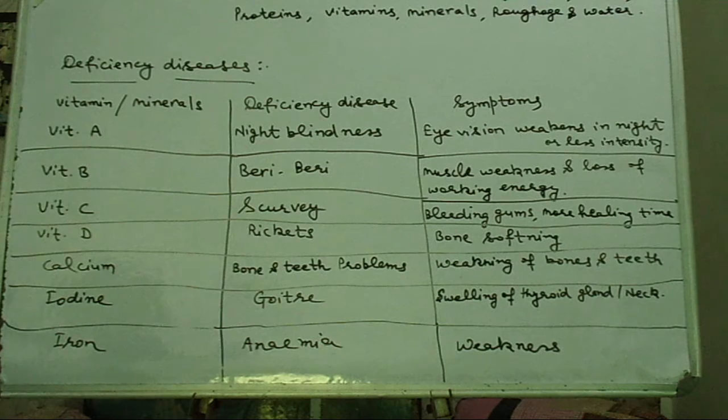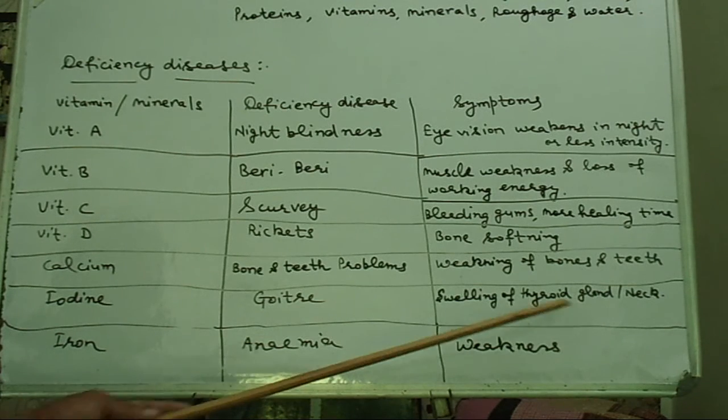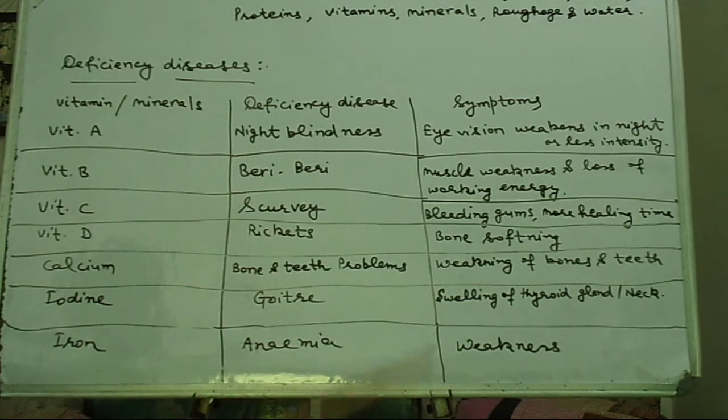By evaporation, as I have told you previously, they can obtain salt from salty water, and they use that salt without adding iodine. Due to that, the goiter problem is more common in coastal areas. Swelling of the thyroid gland and neck swelling is a common issue of iodine deficiency.